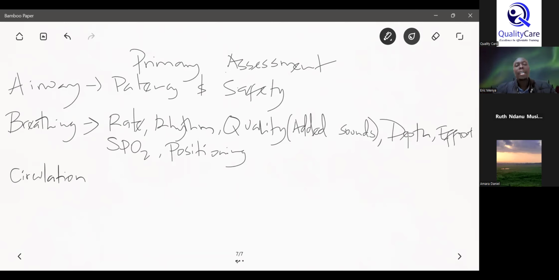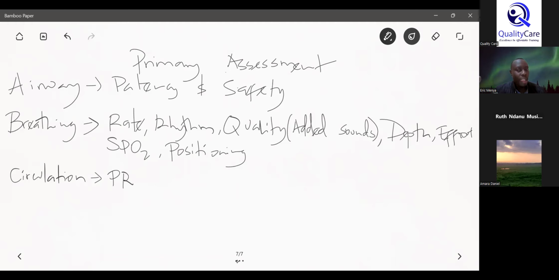All right. At circulation, we also want to check the pulse rate. Once again, it's important to know the expected pulse rates as per age. If we go by the reference card, the normal awake rate for a neonate has an upper limit of 205 and a lower limit of 100.